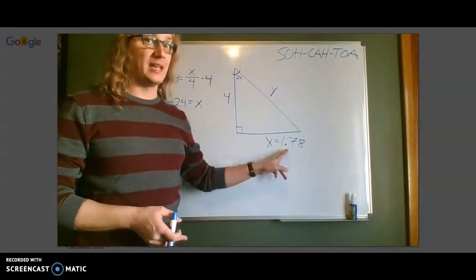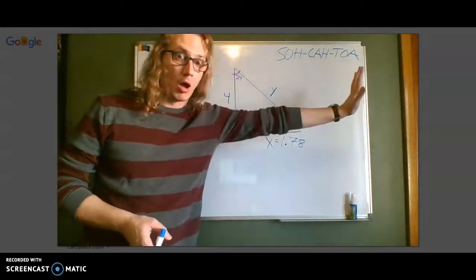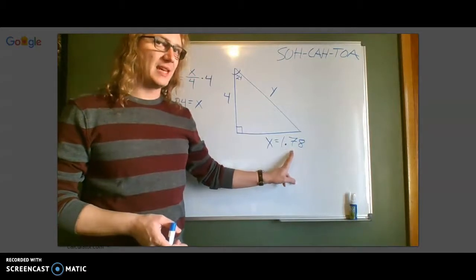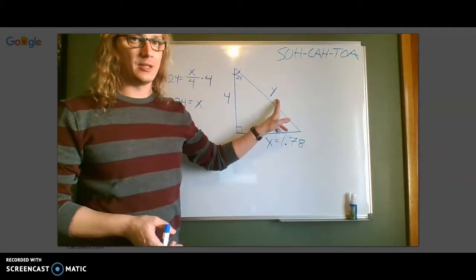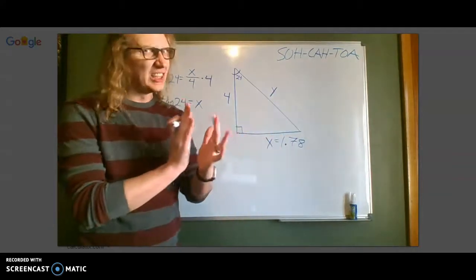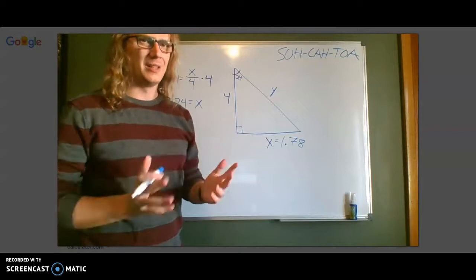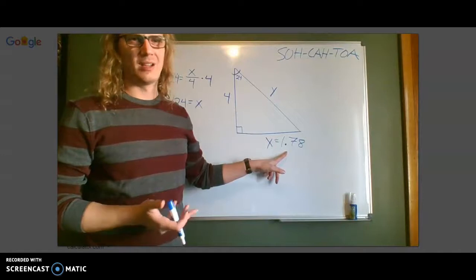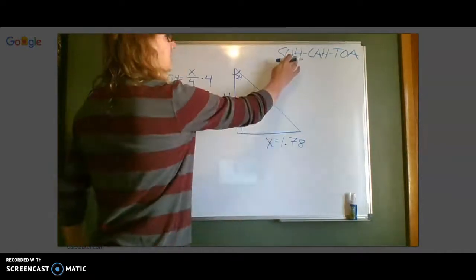It was 1.7809 and so on. We rounded this answer, and because we rounded this answer, if we use it to calculate y, we'll get the wrong answer. It'll be very, very close, but it'll be just a little bit off. Plus, I'd rather plug 4 into my calculator than 1.78. I'm kind of lazy that way. So, I probably don't want to use sine.